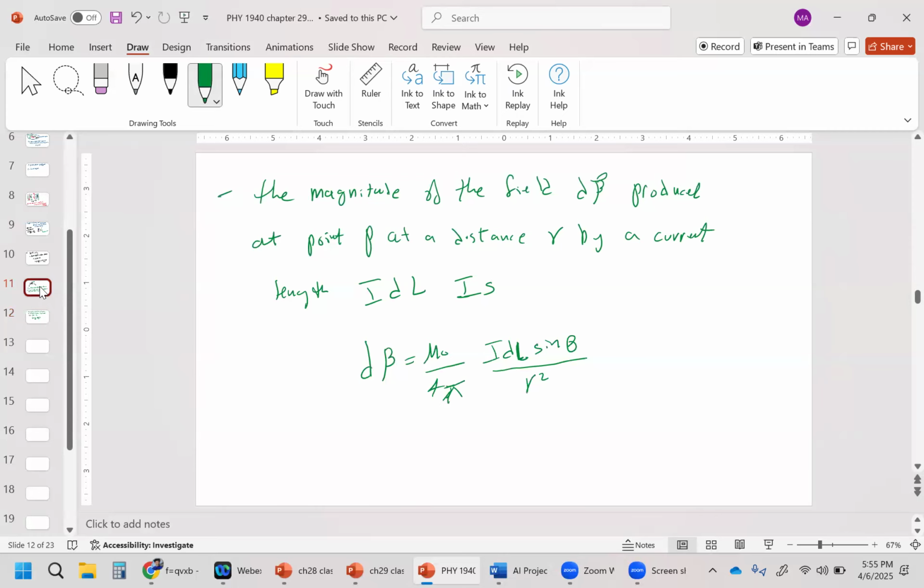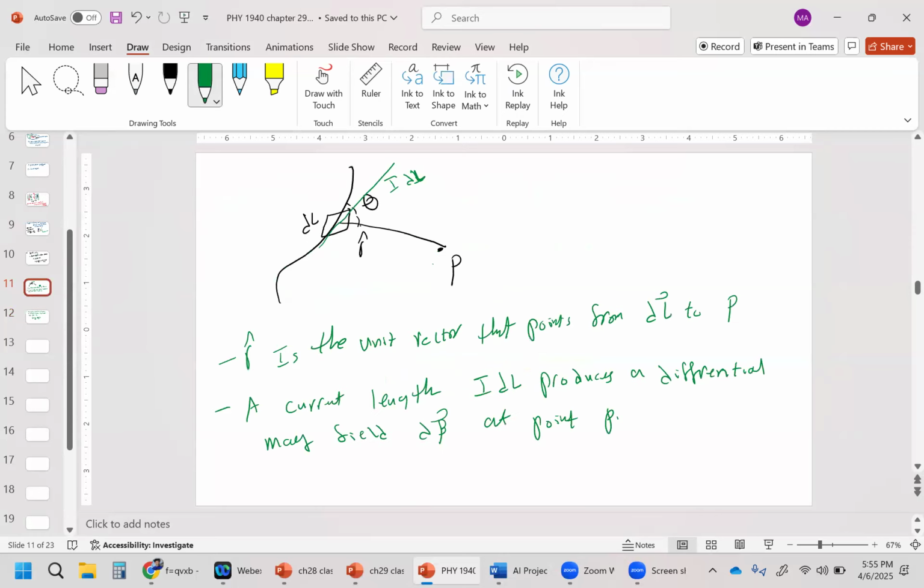So we got a distance r, and I'm just going to call this the distance that we're actually going in. From here to here, that's your distance r.